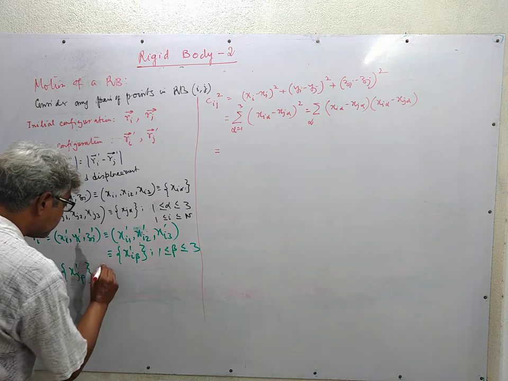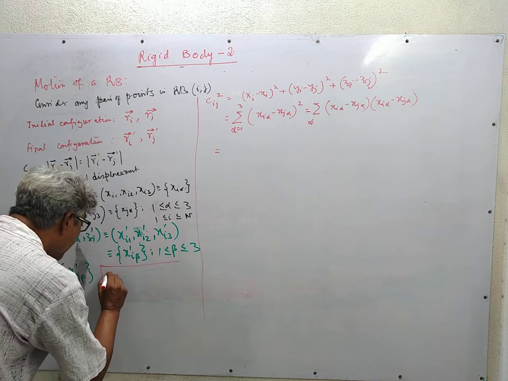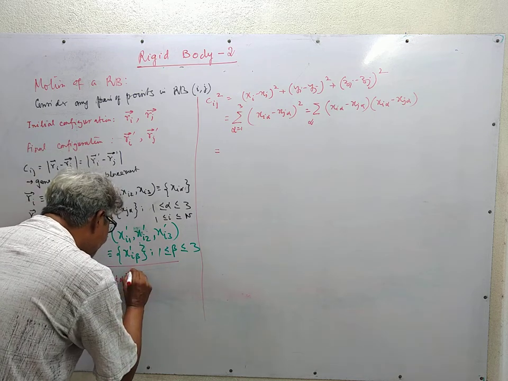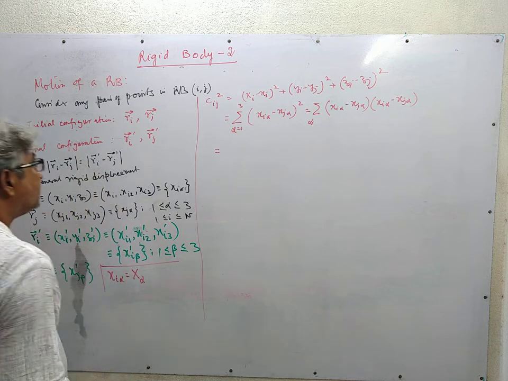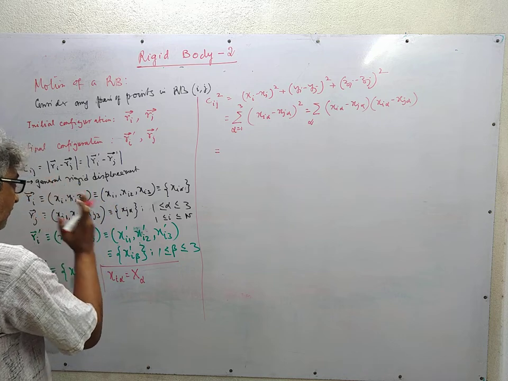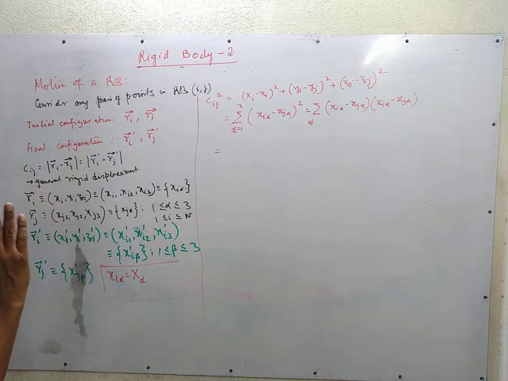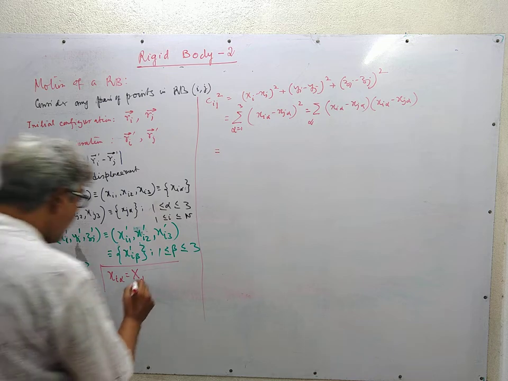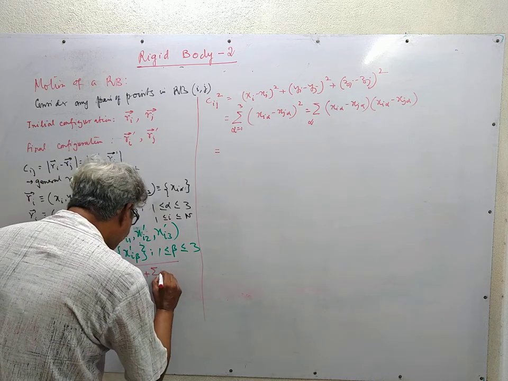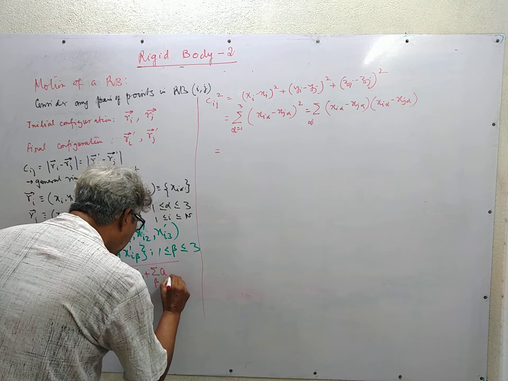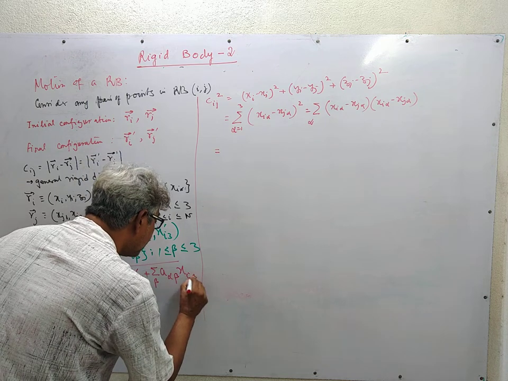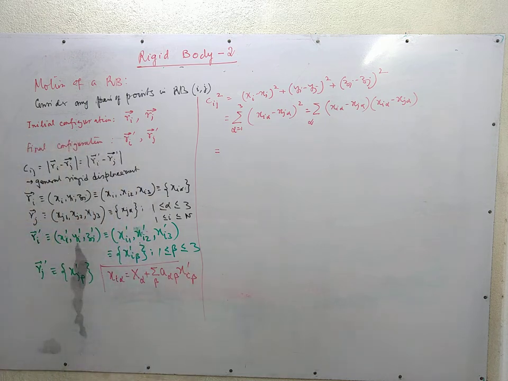If we recall, the transformation relation is this: xi alpha is equal to capital X alpha, which denotes the shift from the S frame to the S prime frame, plus the summation over beta of A alpha beta xi beta prime. This is the notation we used.